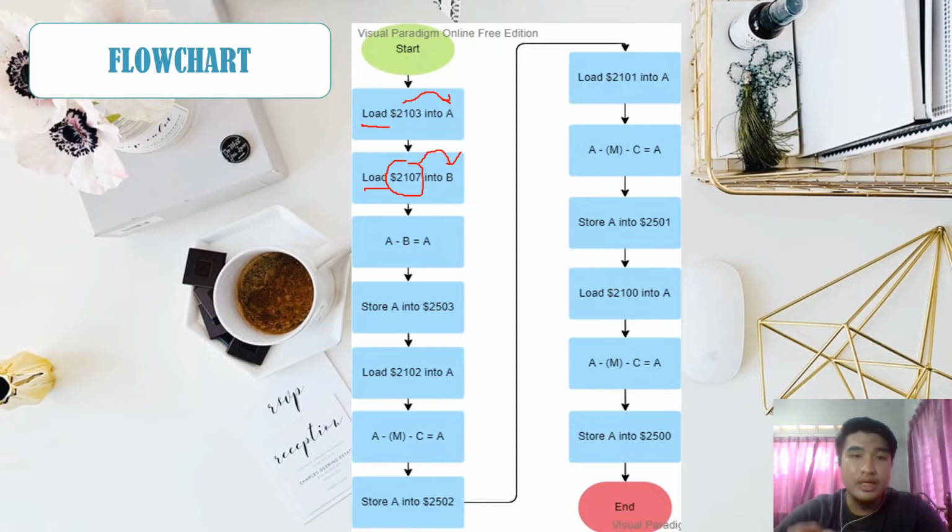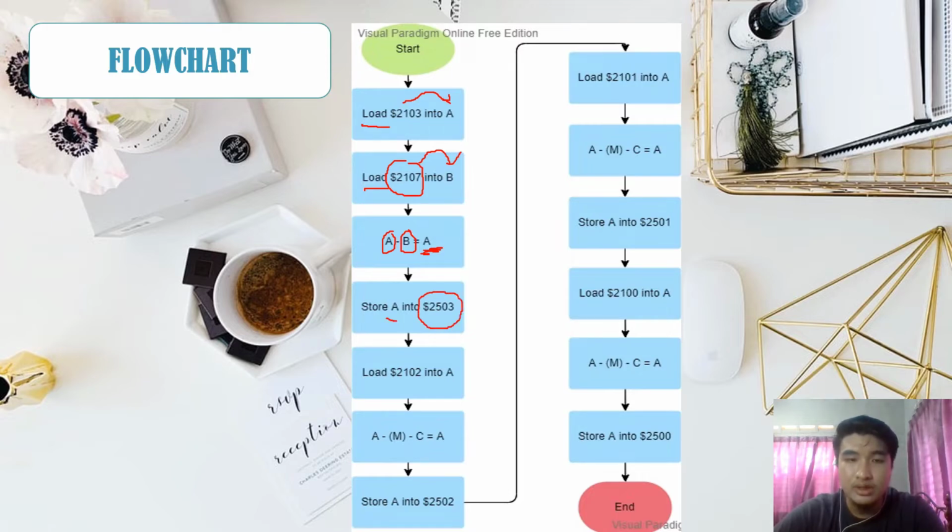After A and B have their own values, the next instruction we will use is SBA, which is the subtraction instruction. With SBA, the value of A is subtracted by the value of B, and then the answer we will store in A. The next instruction is STAA, which stores the value of A into the memory location.